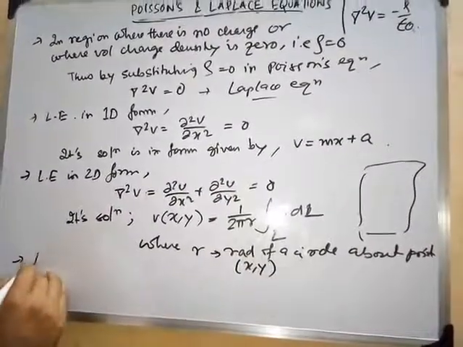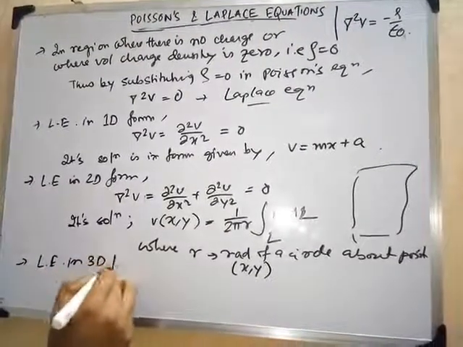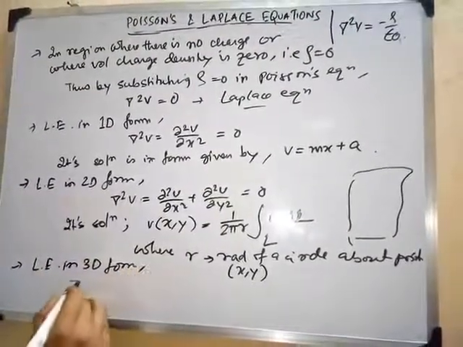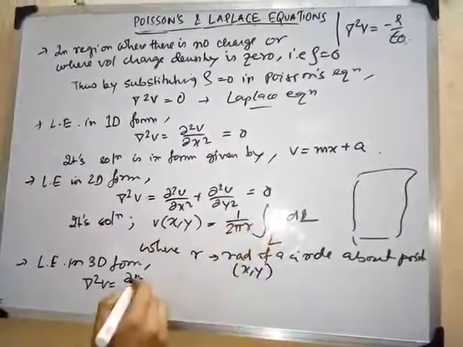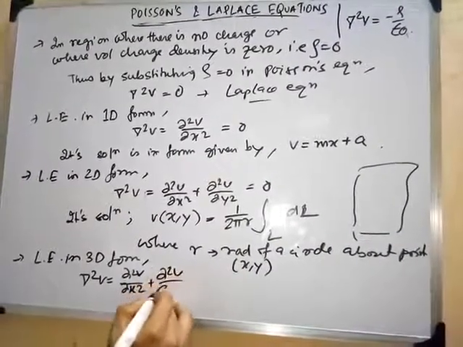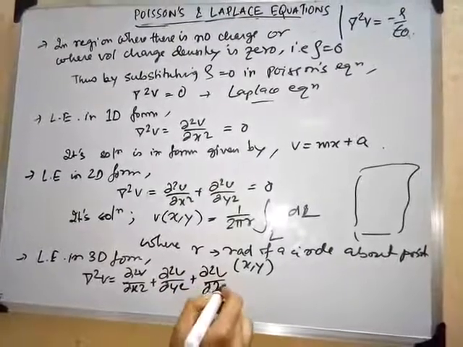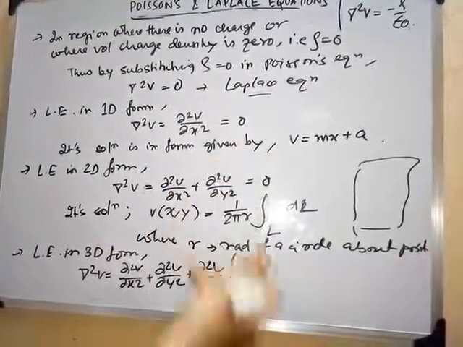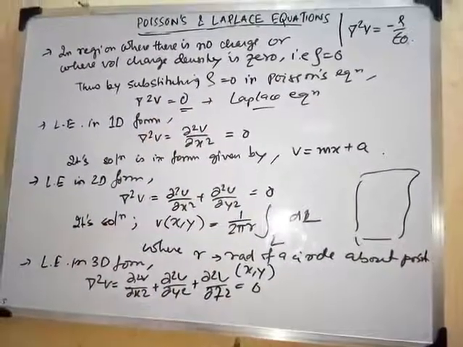Another one, let us see the last one: the Laplace equation in 3D form. We can represent it as del square V equals del 2V by del x square plus del 2V by del y square plus del 2V by del z square equals 0. Equals 0 because in the Laplace equation the right hand side is always 0.